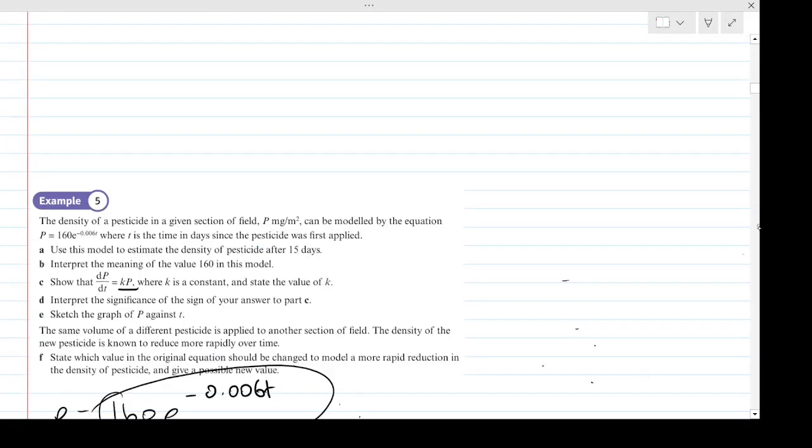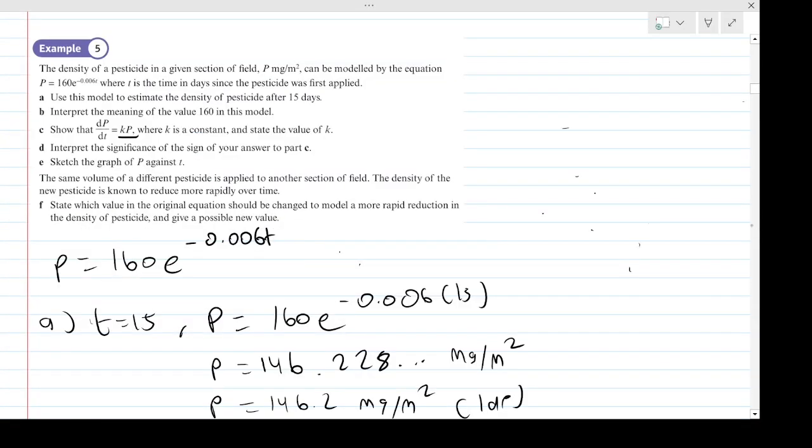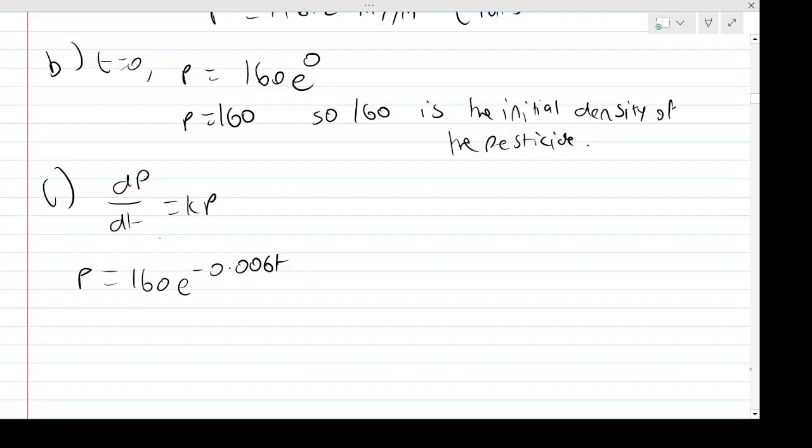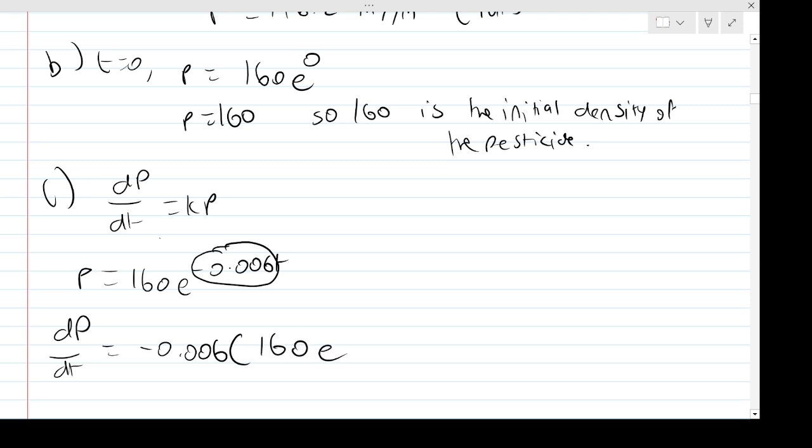So if we differentiate, the coefficient of t in the exponent comes to the front, so the derivative will be minus 0.006 lots of 160 e to the negative 0.006t.